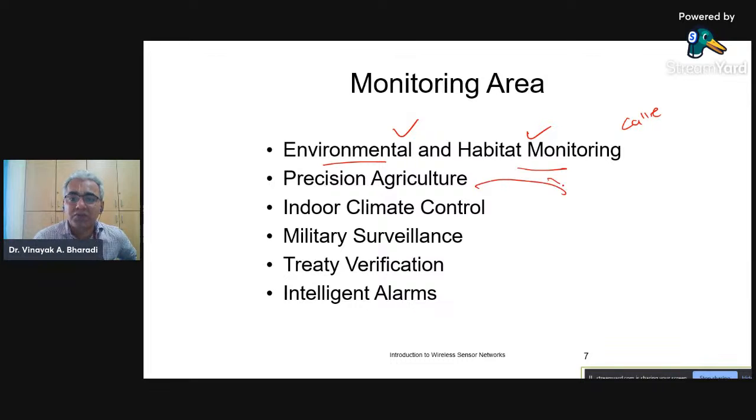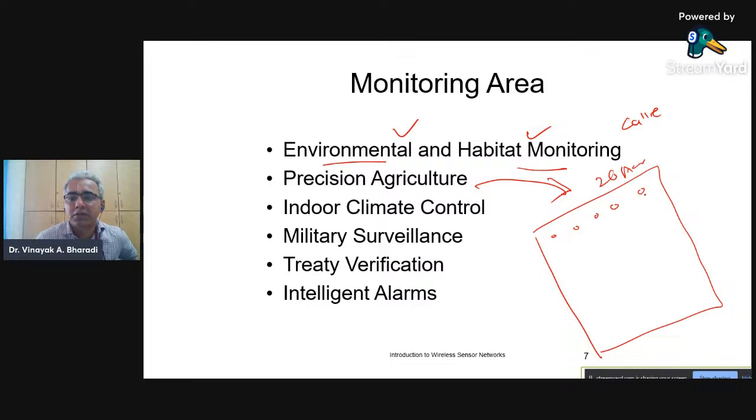Precision agriculture. One of my PhD students had a precision agriculture project. What happens in precision agriculture? Suppose this is your farm, spread over 20 acres. You take soil samples at specific grid-wise locations, and then the soil samples are analyzed, not in real time, but all at once.